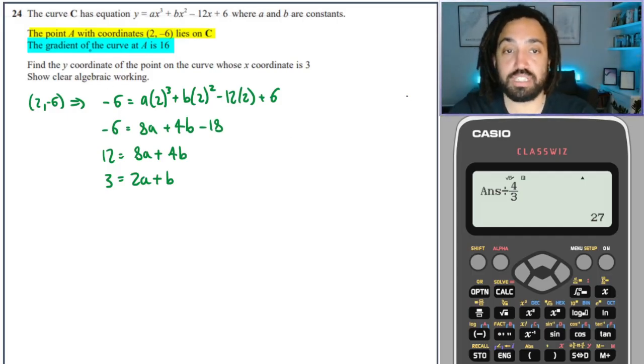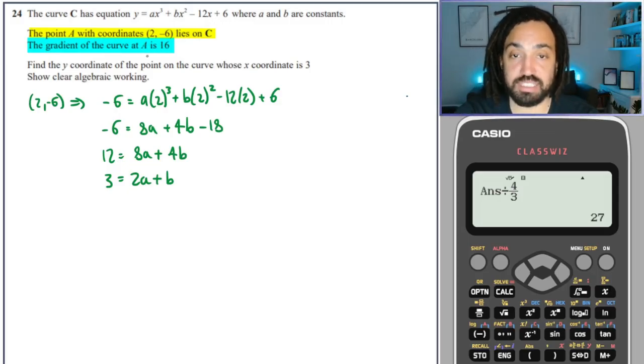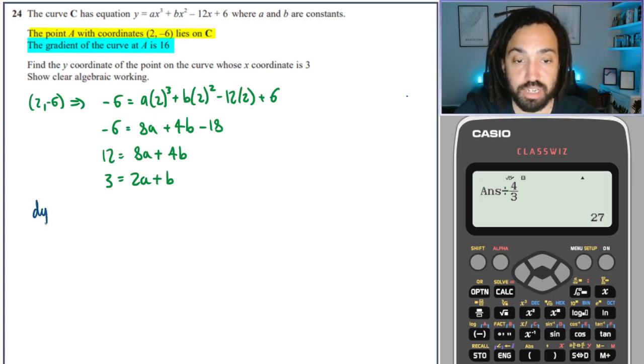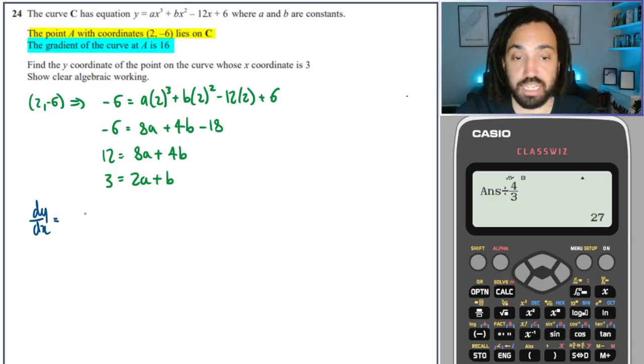Okay, so now let's look at the blue bit of information. The gradient of the curve at A is 16. So to find the gradient, we need to find the gradient function, which is dy by dx. When I differentiate, the power comes down and becomes the coefficient, or you times it by the coefficient. So 3a, and then drop the power down by 1.